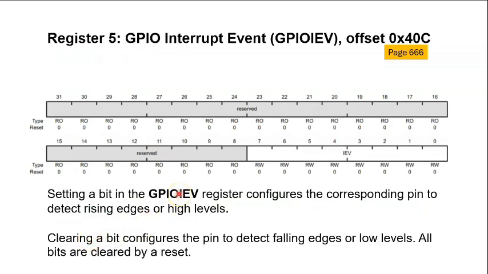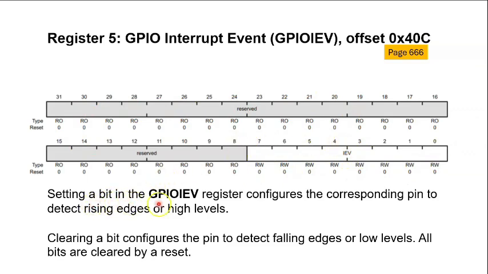And next, we want to take a quick look at the GPIO interrupt event register, which is the one that we've seen earlier. So this is GPIO IEV, and I've taken this from page 666 of the data sheet. Again, it's a 32-bit register, but only 8 bits are used for the IEV.